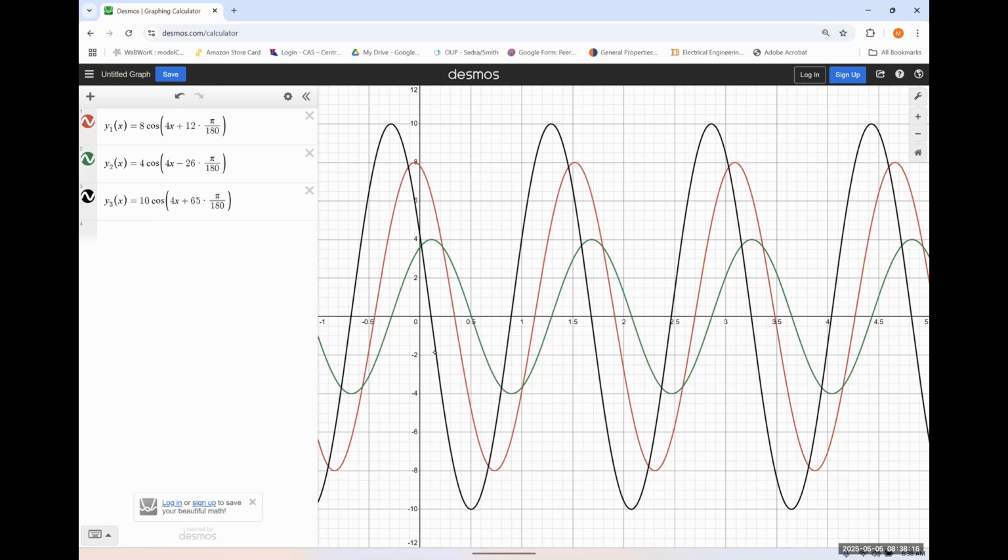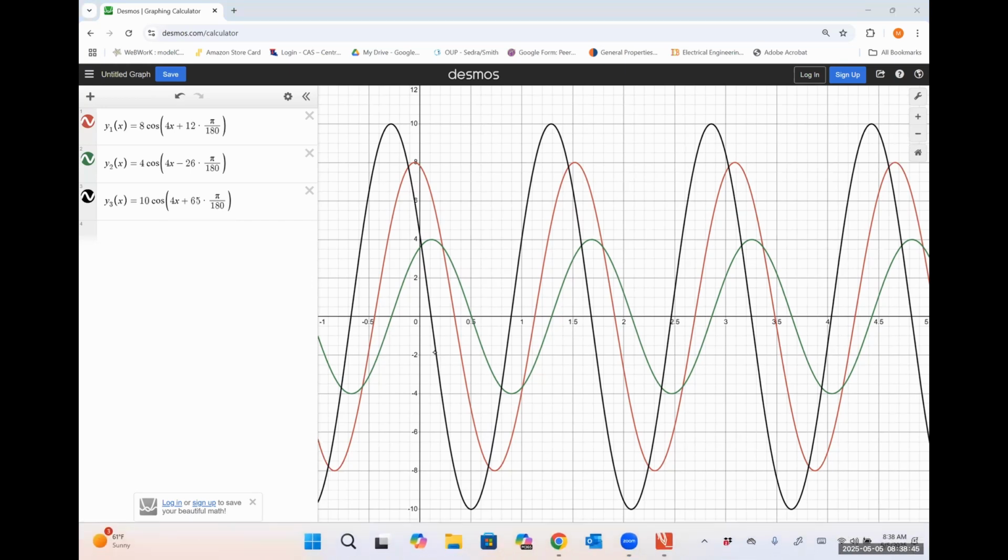So we're comparing the peaks that are the closest to each other, and we can see that it goes black, then red, then green, and it'll always be like that forever because all of these guys are oscillating at the exact same angular frequency, okay? So what does this really mean? Well, it just means that the signal in black has a more positive phase angle than the signals that it is being compared to.